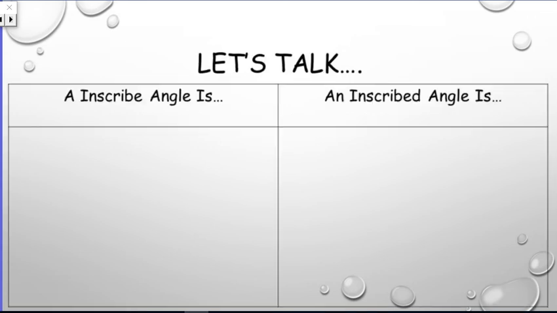So let's talk about what an inscribed angle is. If I have a circle, the angle that sits right here is called an inscribed angle, and the intersecting arc of that angle is this arc in red here.